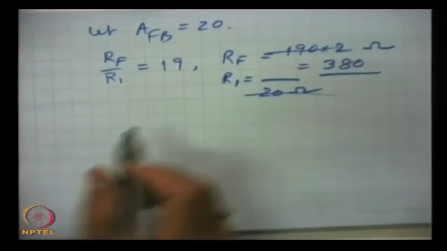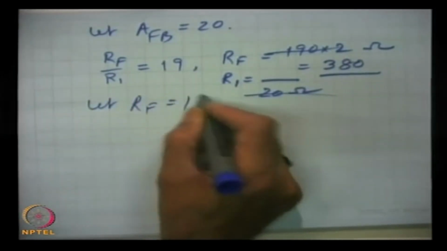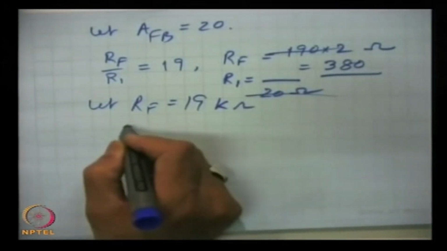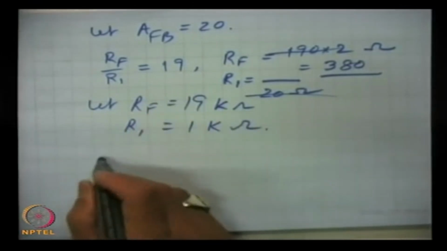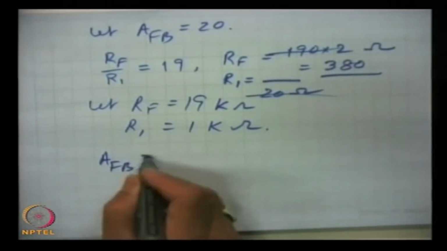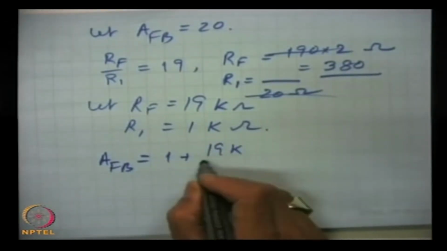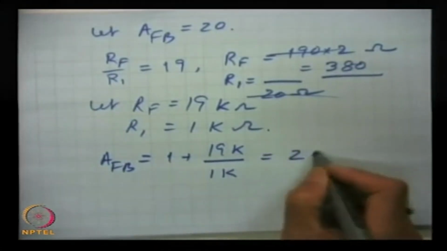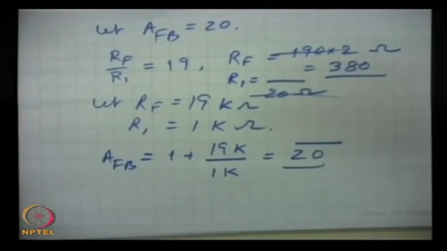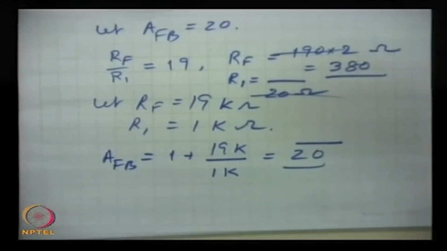For example, let Rf be 19 kilo ohms and R1 be 1 kilo ohm, then gain AFB will be 1 plus 19 K by 1 K. So this is 20, gain will be 20. How simple it is to construct a non-inverting amplifier with a desired gain.